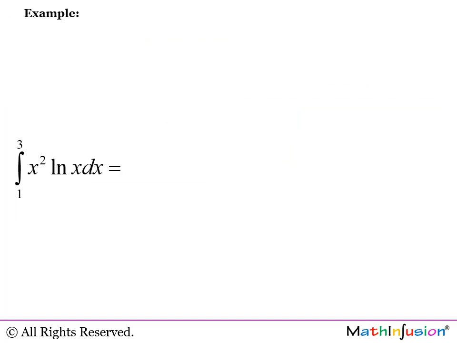Example, the integral of x to the power of 2 ln of x dx between 1 and 3. Pay attention. We just did one problem where we had x to the power of 2 e to the power of 3x dx, and we chose x to the power of 2 to be the u because we got reduction. But here I really don't care about the reduction of x to the power of 2 because I have a bigger problem here.